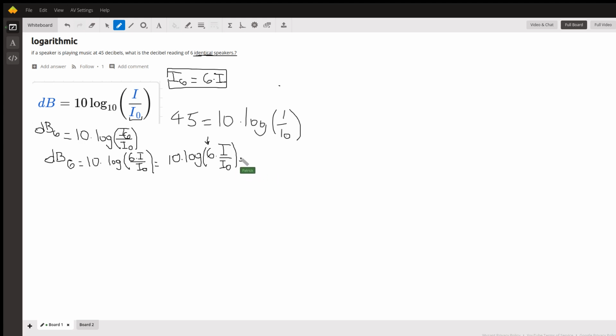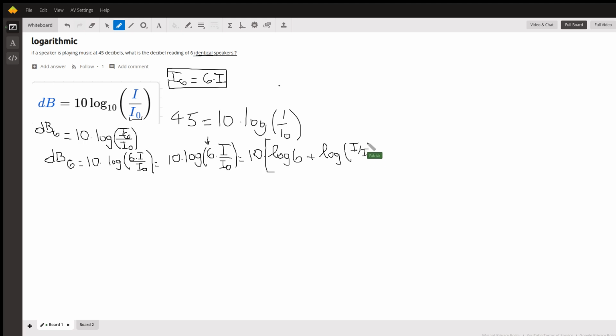So if we use the log product property, we have 10 times, then I'm going to open square brackets because it's going to be the sum of two logs. It's going to be the log of 6 plus the log of I over I naught. And we're going somewhere, I promise.